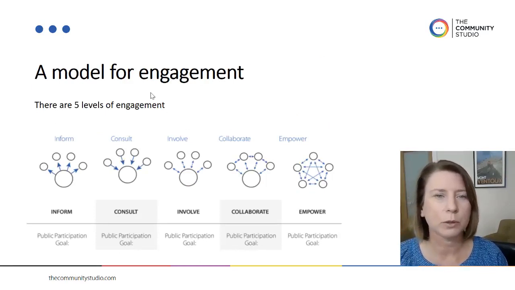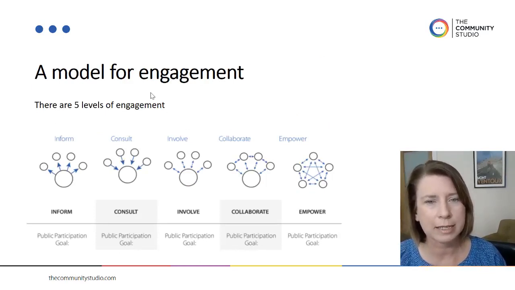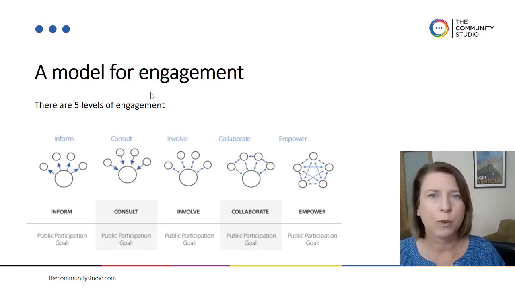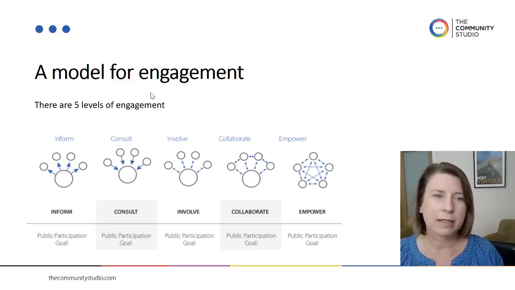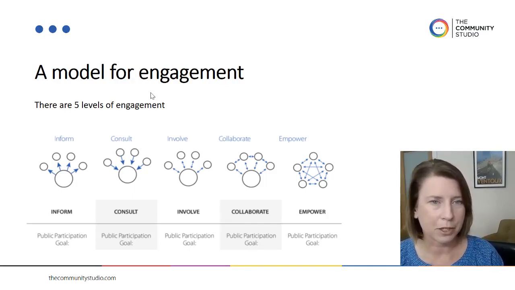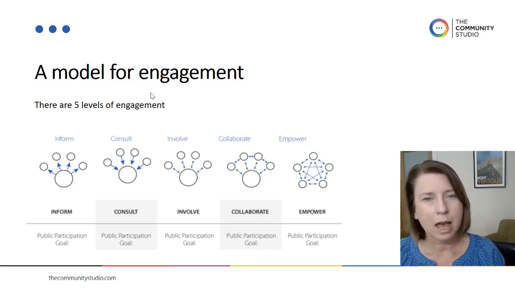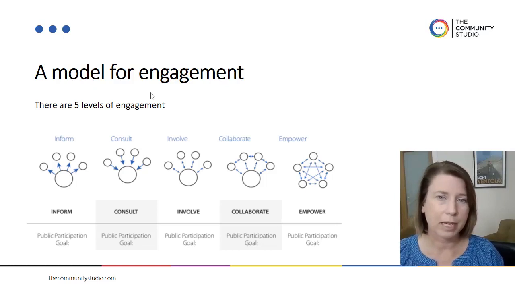Now here's this model which is a single model which will help you plan your approach for all of your stakeholders, including those internal and corporate stakeholders that you probably have. This is a model known as the spectrum of public participation, and it was developed by an organisation known as the International Association of Public Participation, or IAP2.